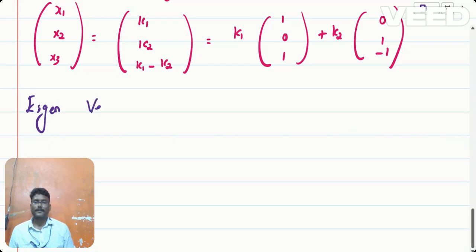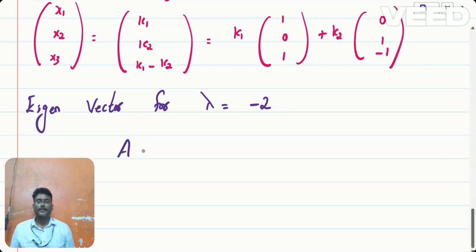Next we'll find the eigenvector for lambda is equal to minus 2. A minus lambda I of x is equal to 0.